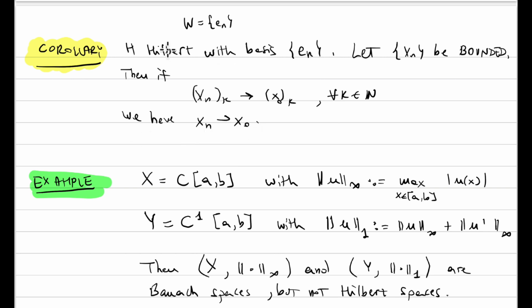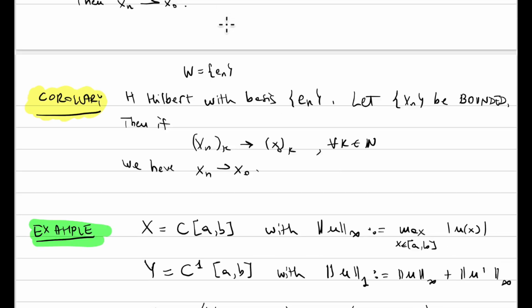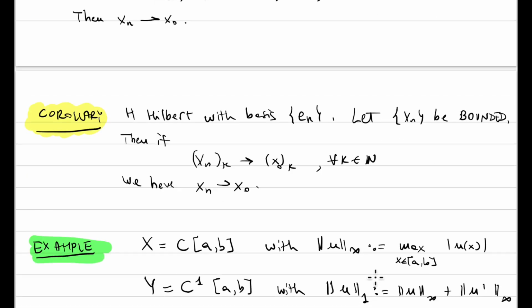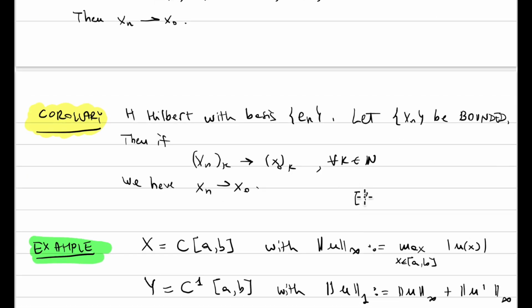So in this case, W is acting as the vectors of the basis, which obviously satisfies that the span is dense in H by definition. Okay, so the proof is: take W equal to En.